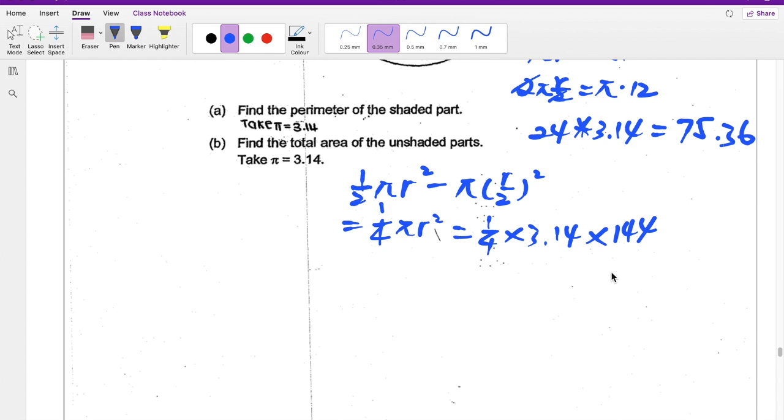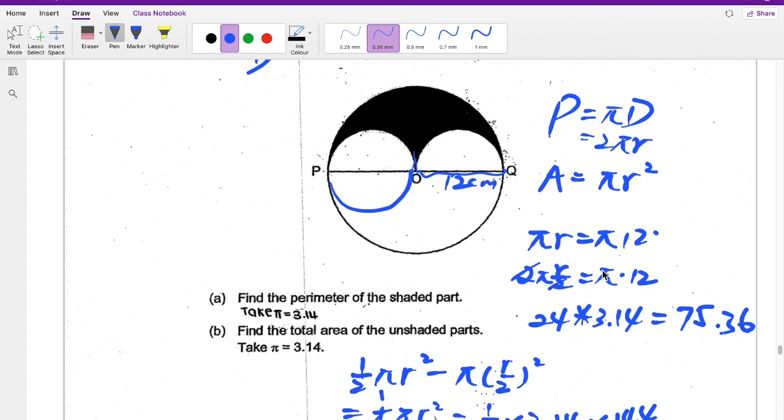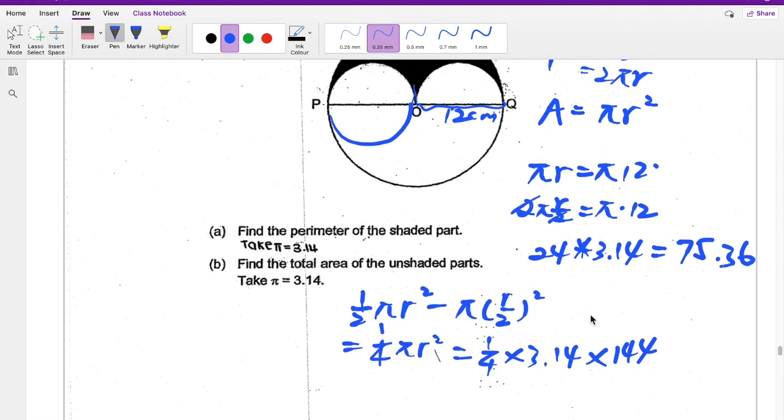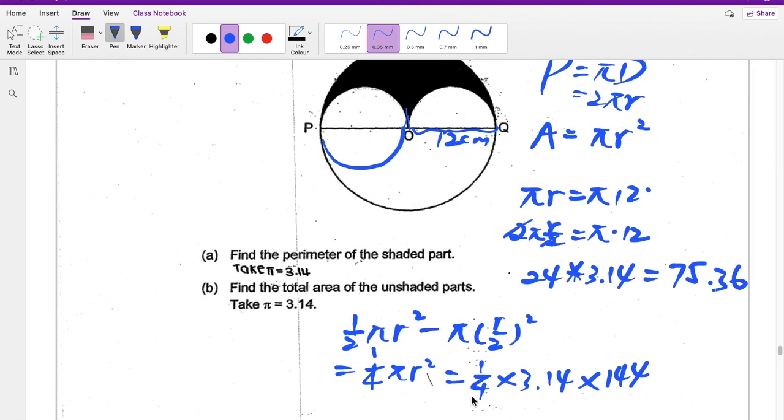The answer, let me see. No, it's not correct. So check again. Okay, half pi r square is correct, minus pi r square, correct. Oh, what we see here is why I did this wrong.